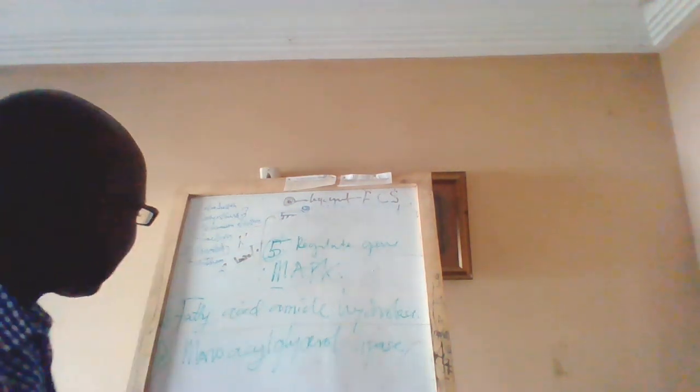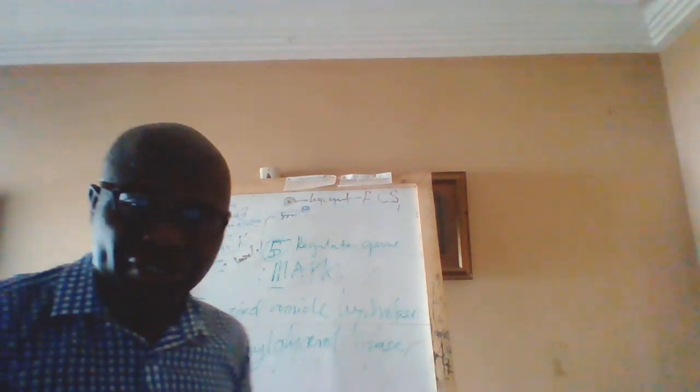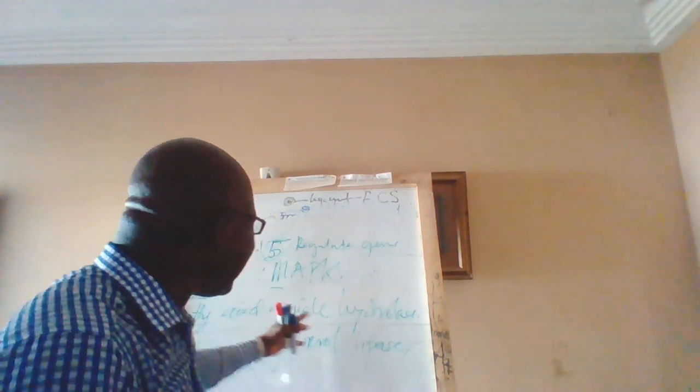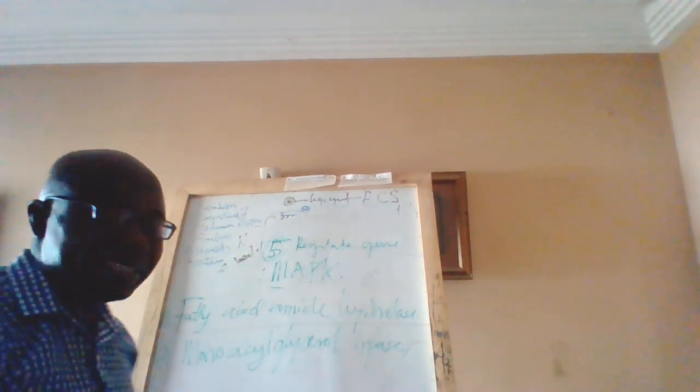These are the two enzymes that have been identified to actually degrade the endocannabinoid ligands after they've carried out their function in the body system. So, in other words, these two enzymes regulate the activities of the endocannabinoid system in the body system.